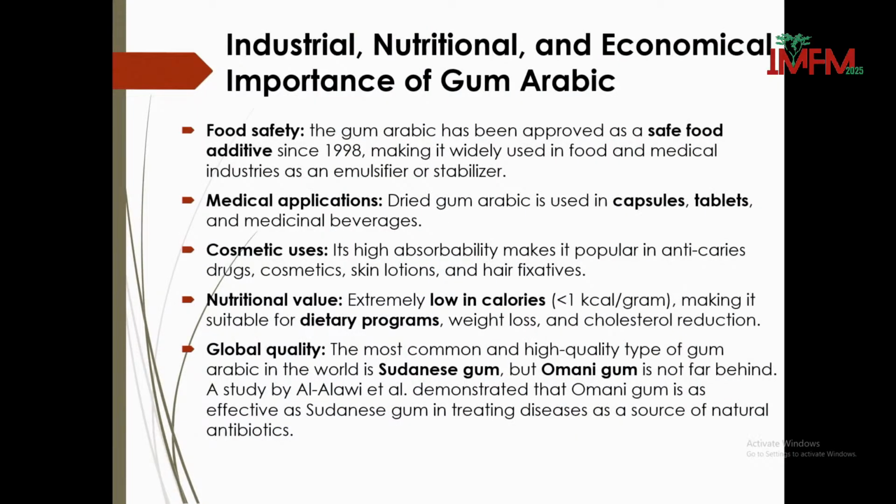There is a potential use of gum arabic in the world, as they call it a safe food additive. Since 1998, it has been approved as a safe food additive, and it is included in many products such as soft drinks.